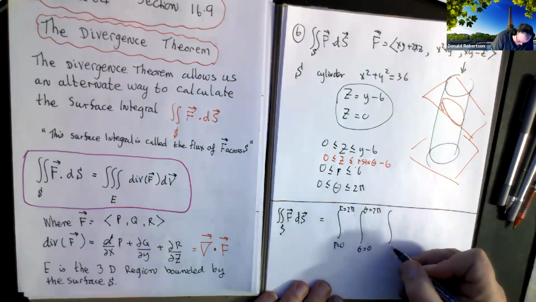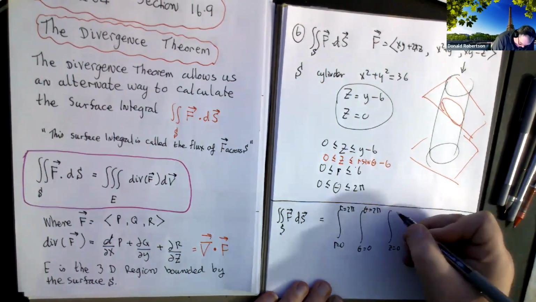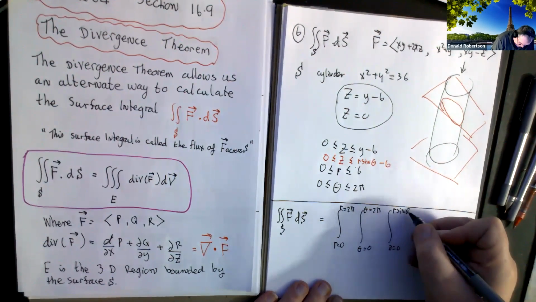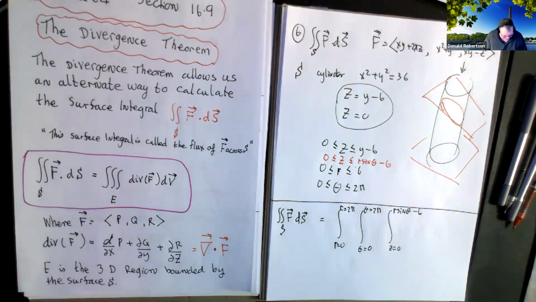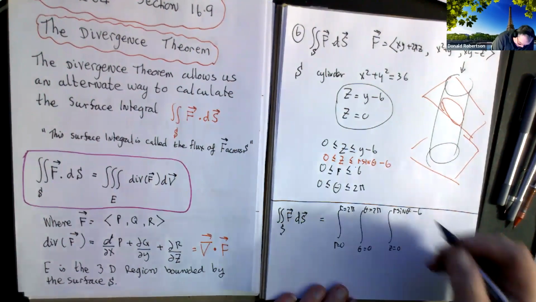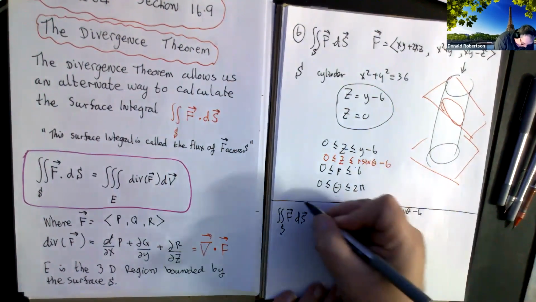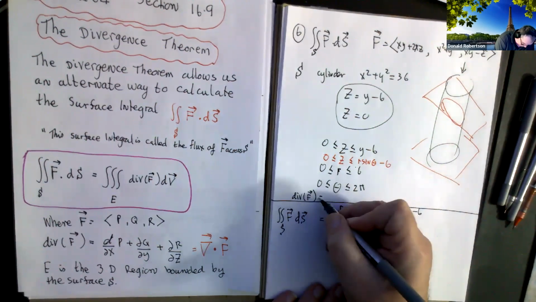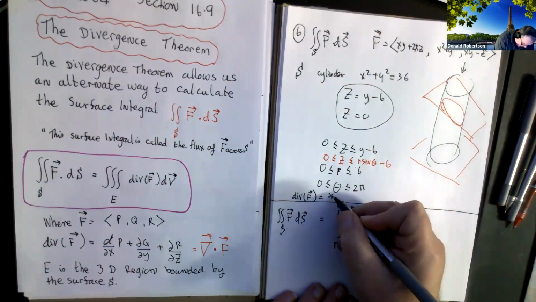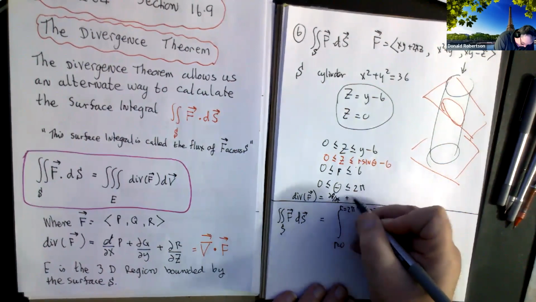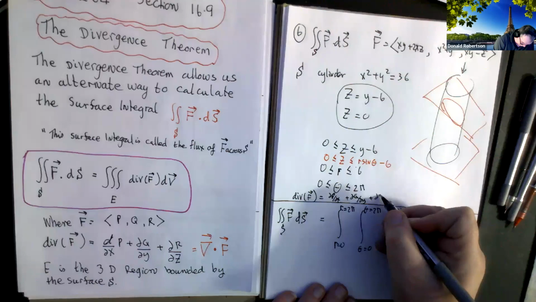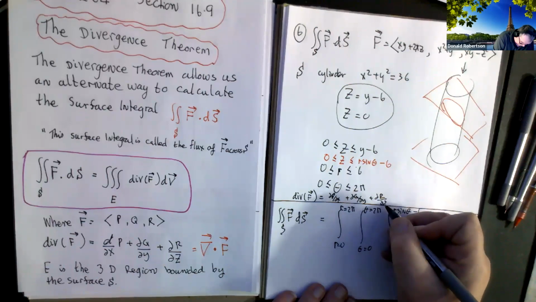And z goes from 0 to r sine theta take away 6. And I, in all the rush to do this, forgot to get the divergence. So let's do it in here. It's the partial derivative of p with x, partial derivative of q with y, and the partial derivative of r with z.